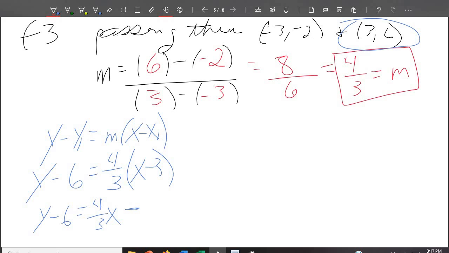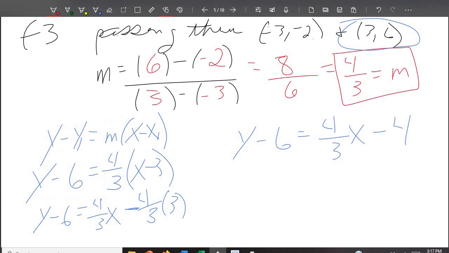Now we have negative 4/3 times 3. The 3's cancel out, and you're left with a negative 4.